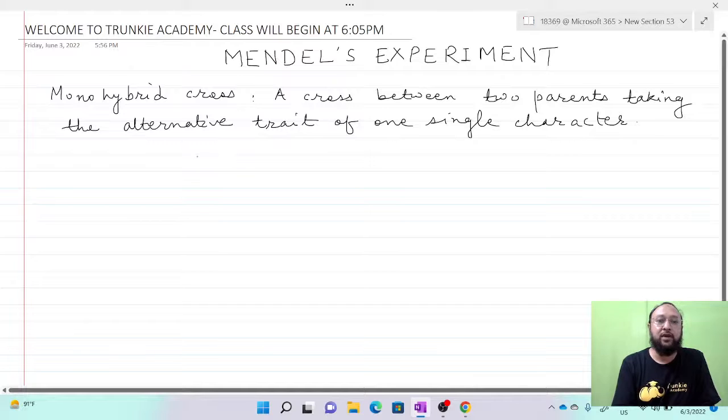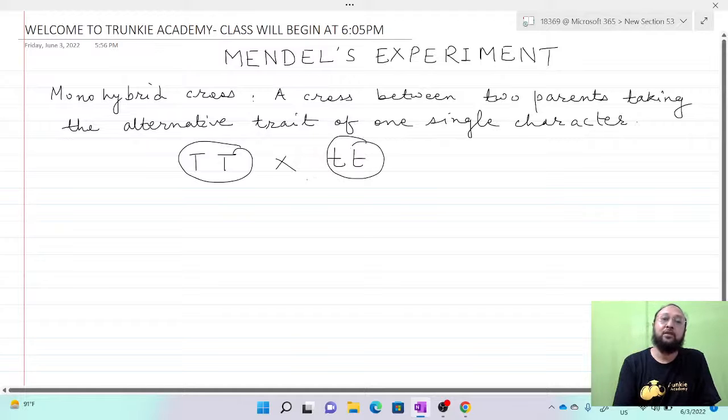For example, we are taking a pure tall plant and crossing it with a dwarf plant.